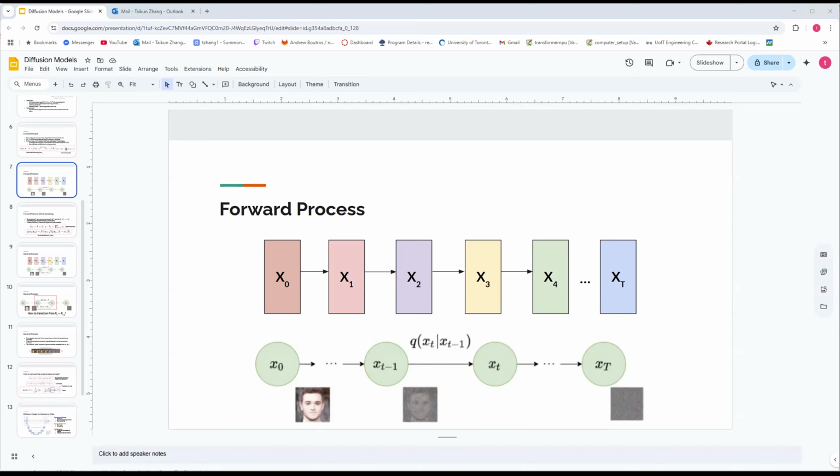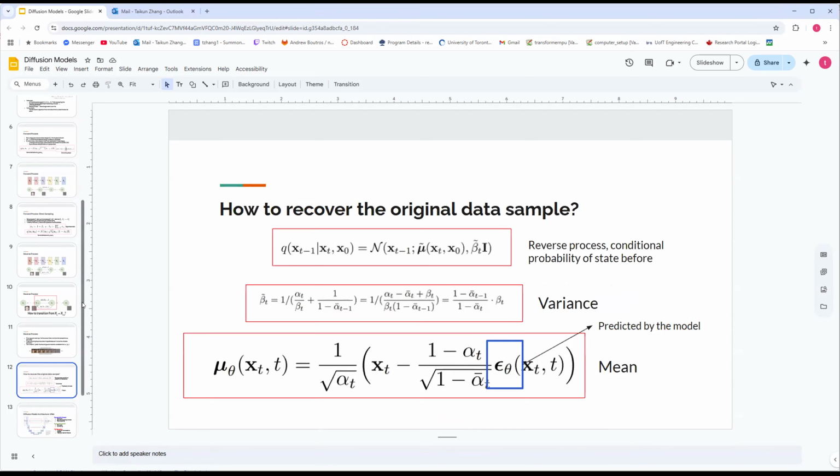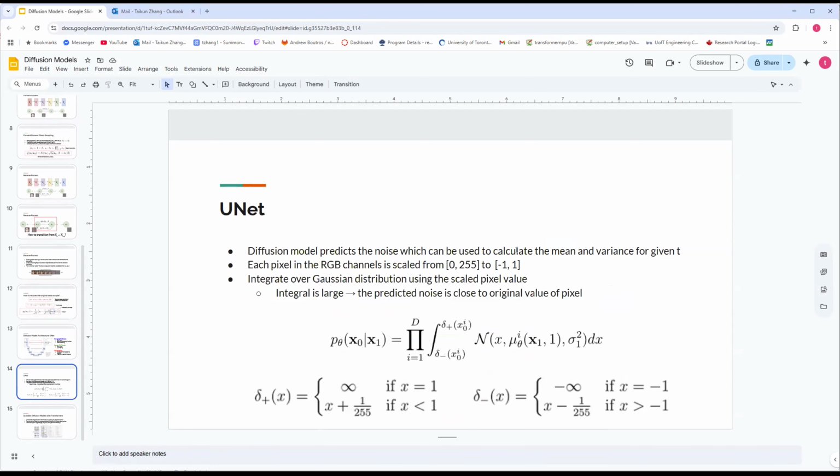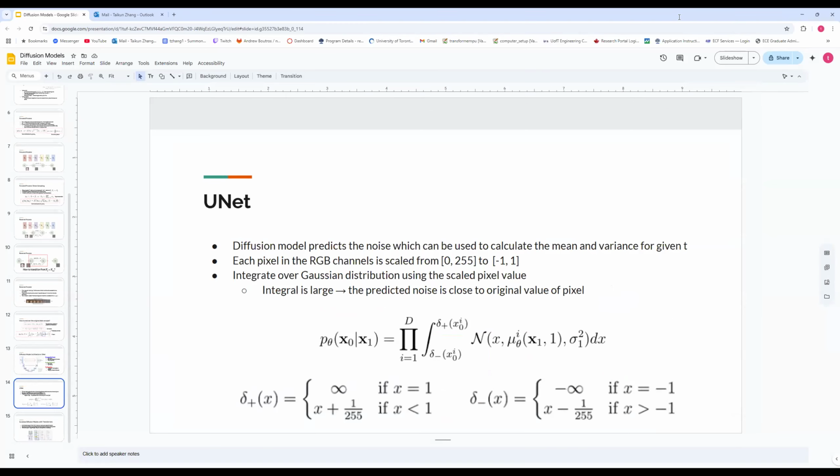So if I go to the example of the image, if I'm going from something that's very noisy to the next state, which is less noisy, for a given predicted noise, you would integrate the values of the pixels across the Gaussian distribution.